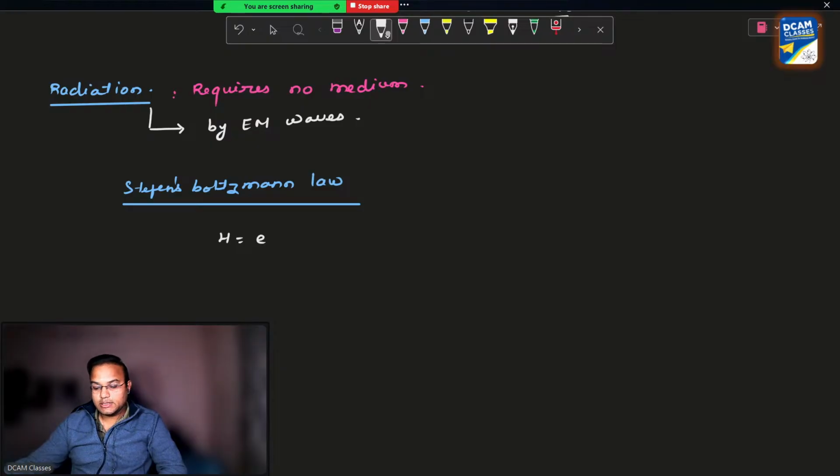It tells heat. H is the heat radiated per unit time, meaning dQ by dt.